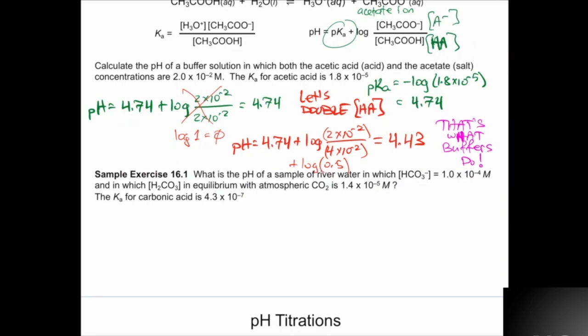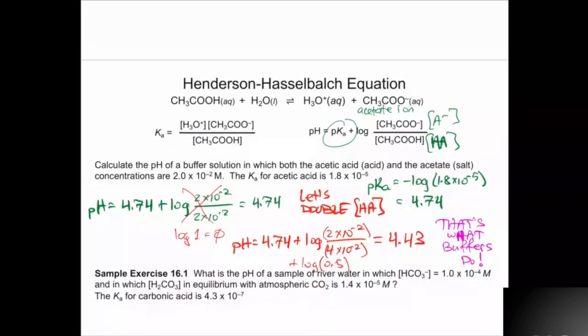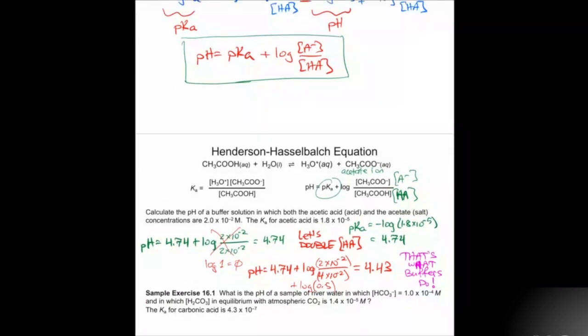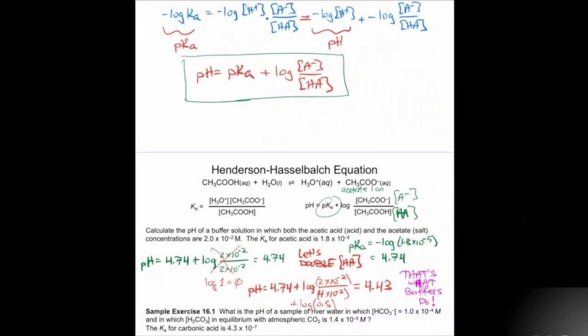So now that we've gone through this example, I can go back and hopefully emphasize why it is that these buffers work best when they're plus or minus 1 pH unit from the pKa. Because here's the pKa, all right? We're looking for the change in the pH. Well, when A minus is equal to HA, we just showed that the log of 1 is 0, and so the pH is equal to the pKa.